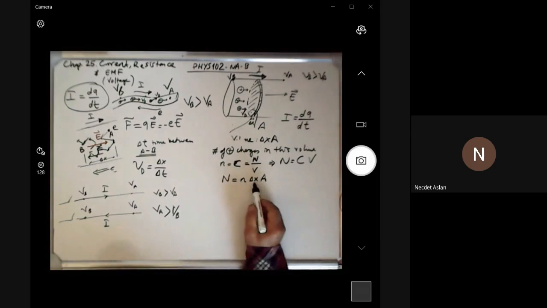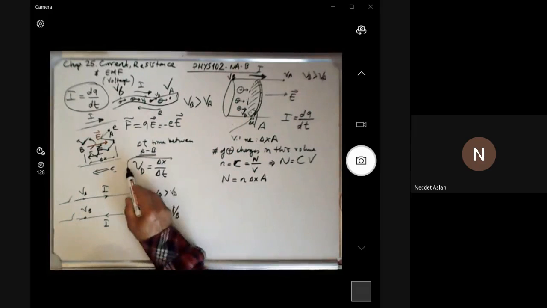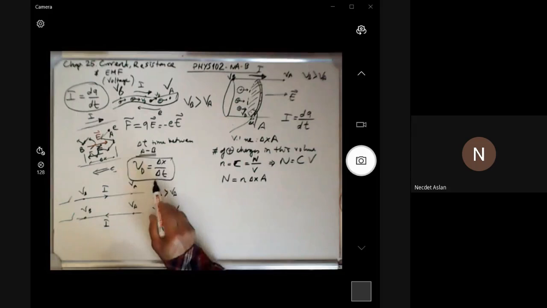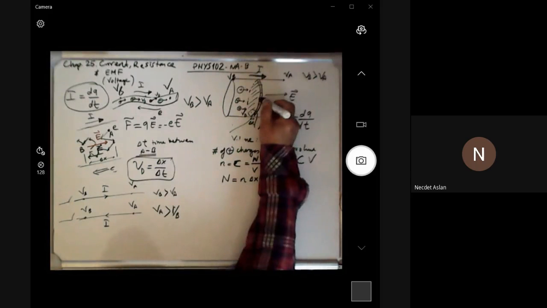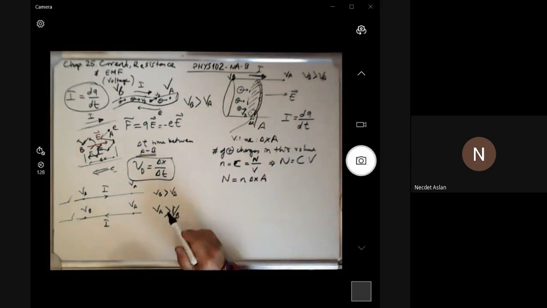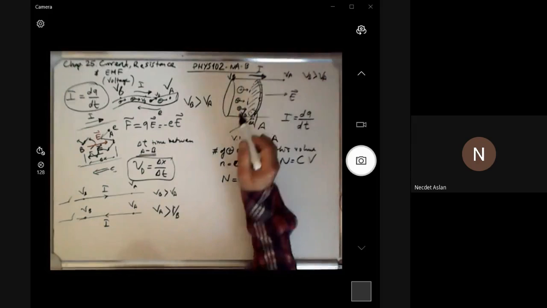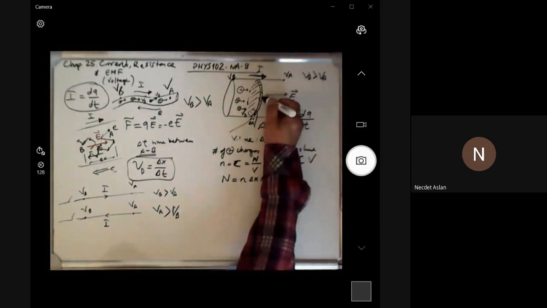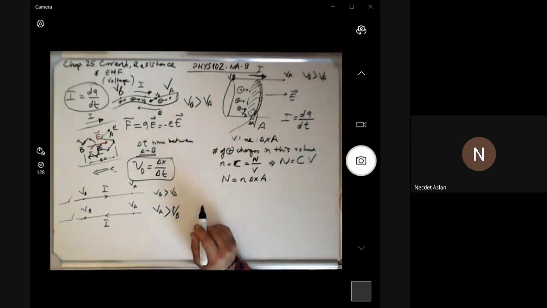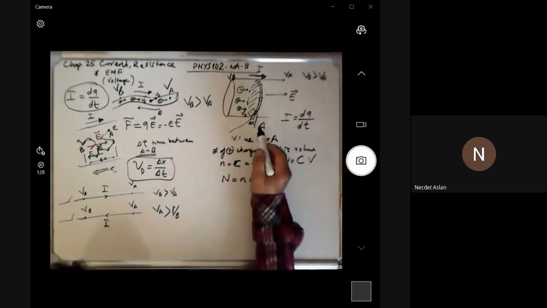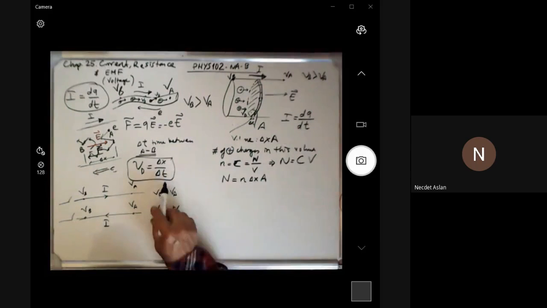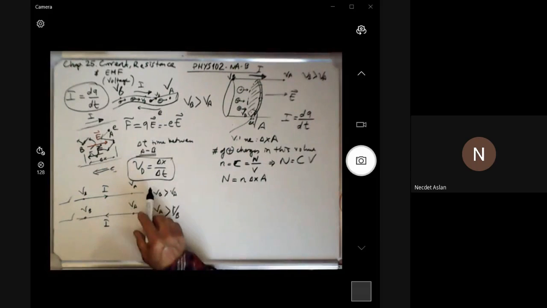Now, since we know that delta x can be written as Vd times delta t, because positive charges enter the left side of this little slab and then leave the right side, and delta t is passing, the drift velocity is given by delta x over delta t.